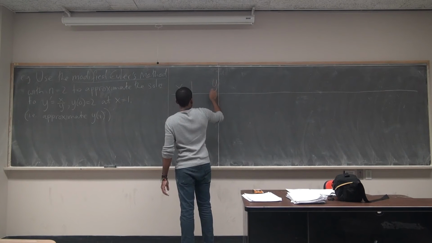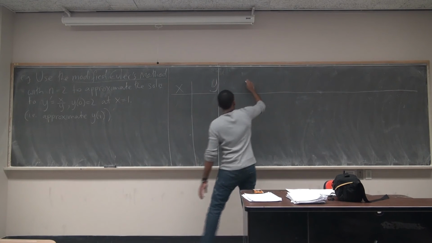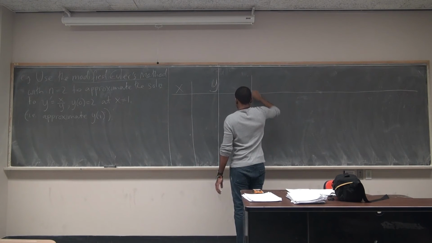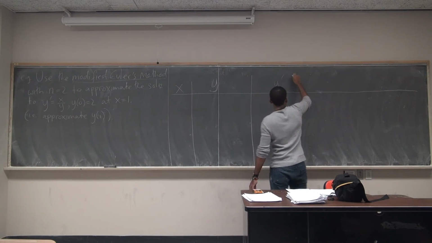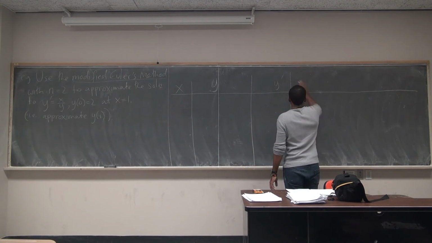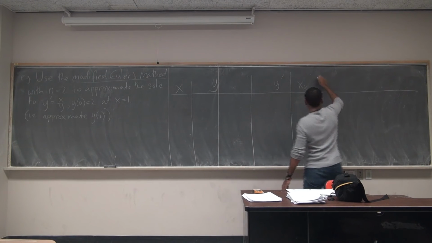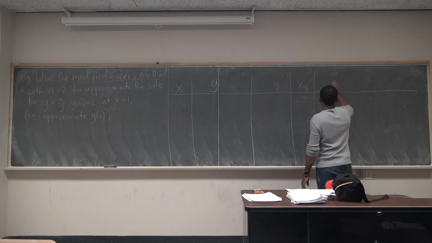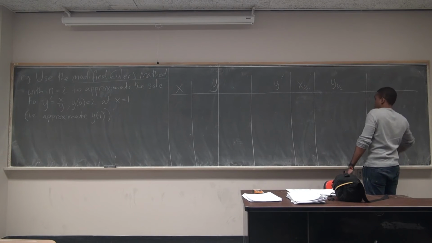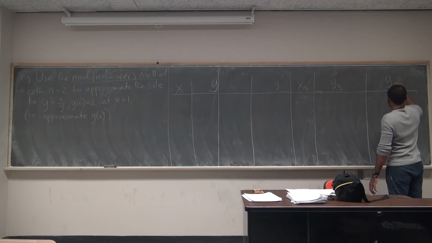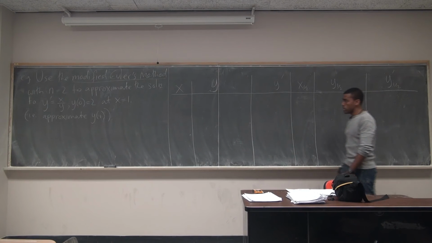Here's my y, the y prime, so my x half, y half, y prime. All right, so those are always going to be the numbers.